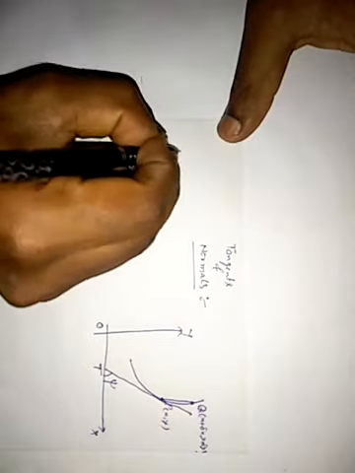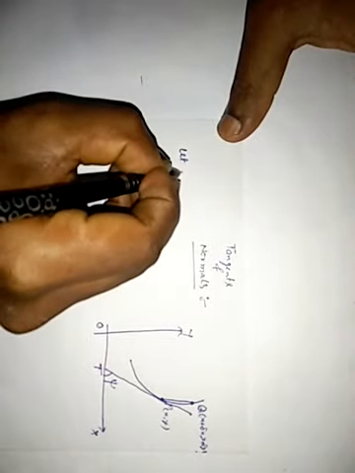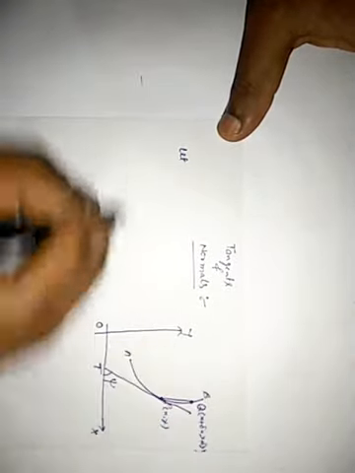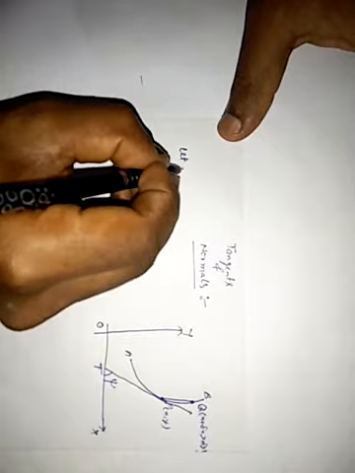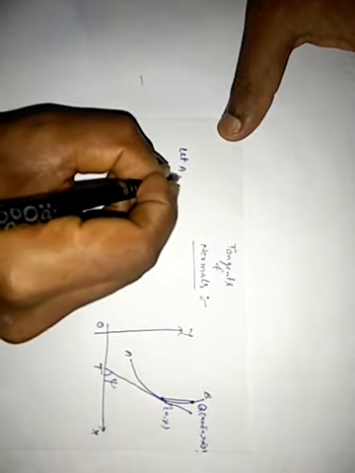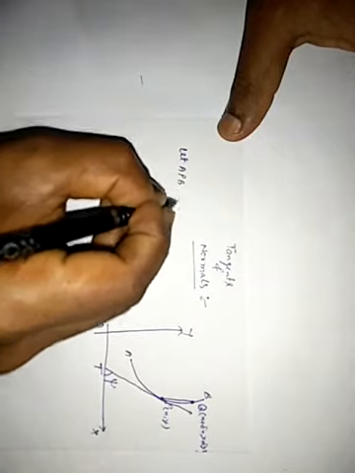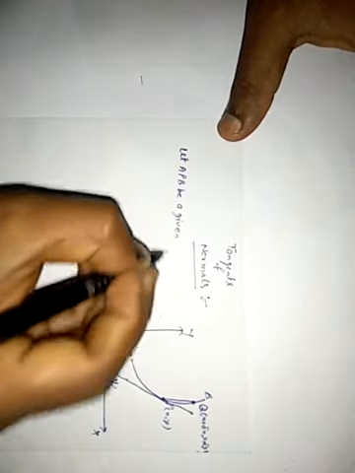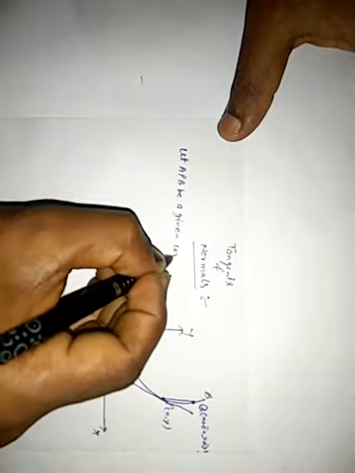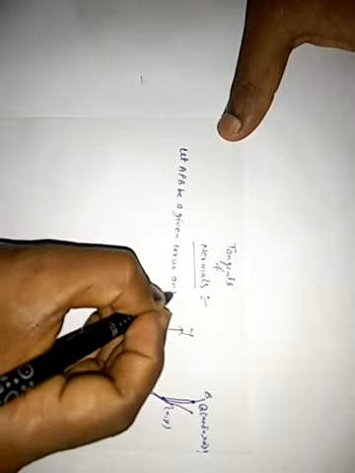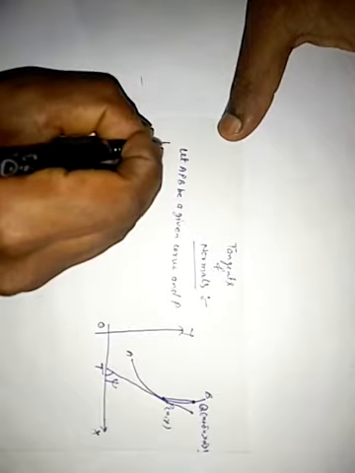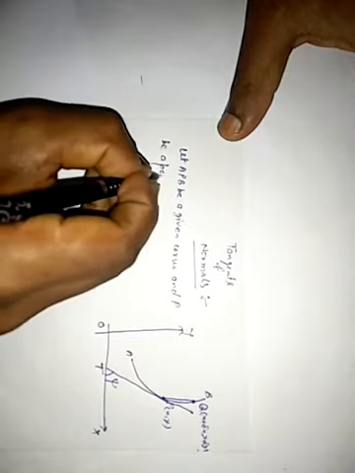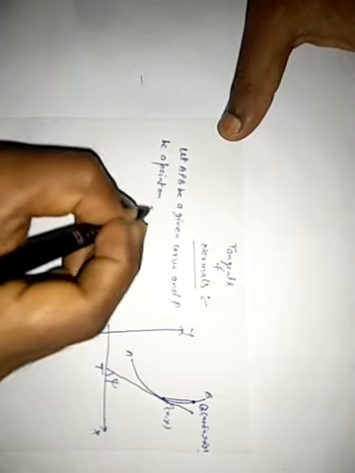Let APB be a given curve, and P be a point on the curve.